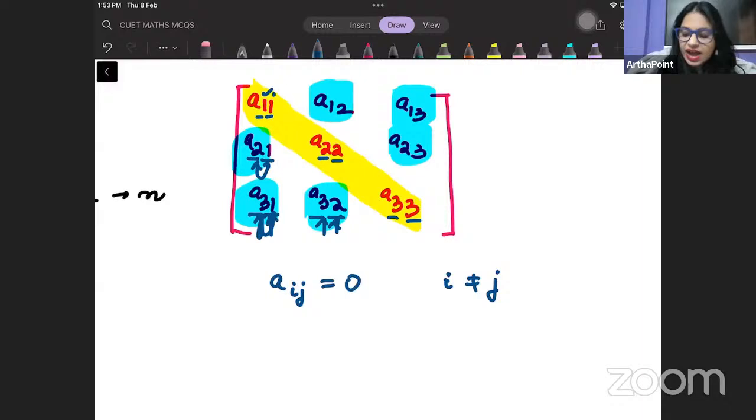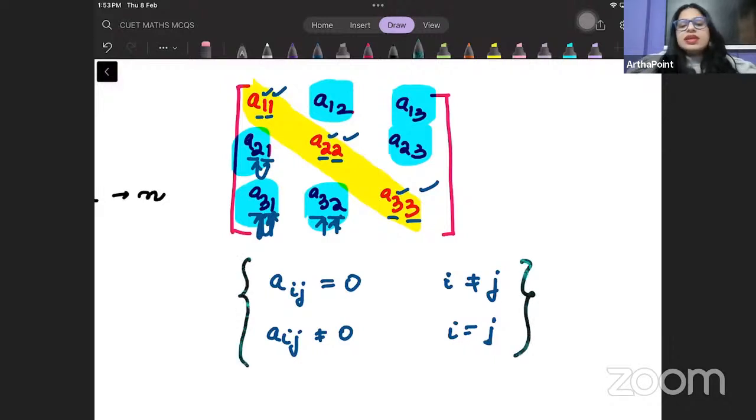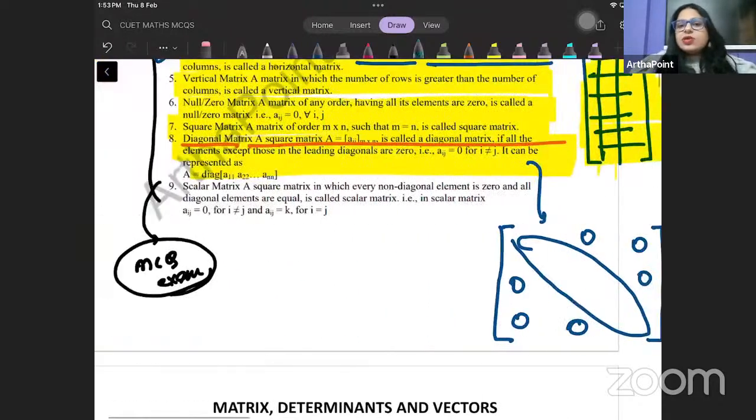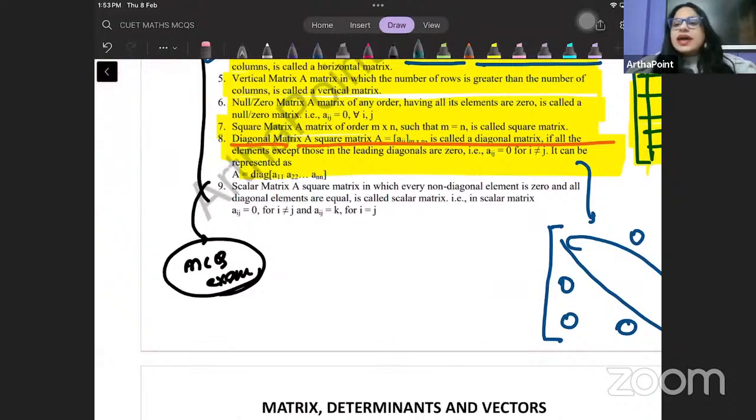And whenever i and j are equal to each other, I want it to be non-zero. If this property is satisfied, then we can say it is a diagonal matrix.